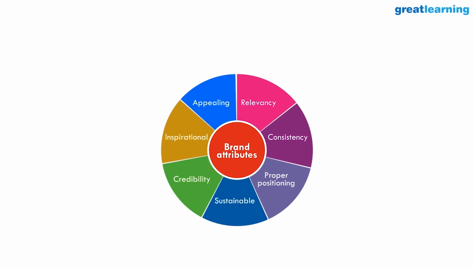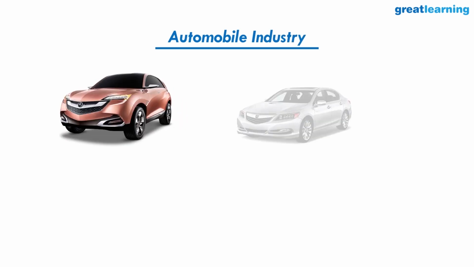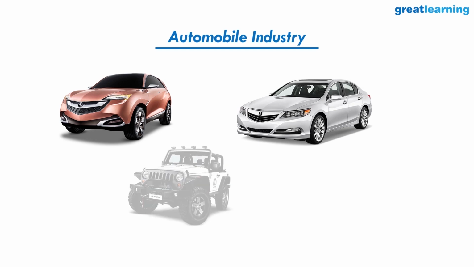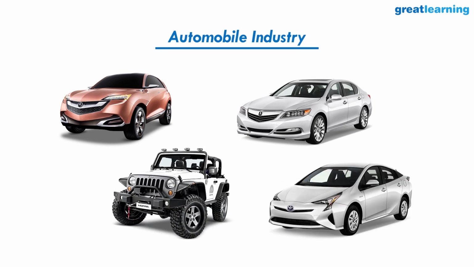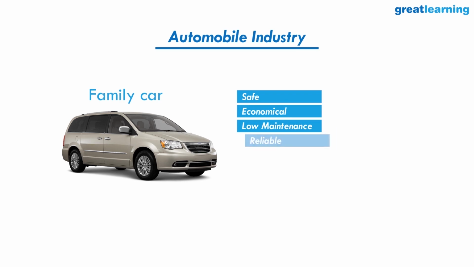Let's take an example of the automobile industry, in which there are several cars, starting from luxurious cars to a regular family car kind of car too. Let's say, for example, a family car typically constitutes safe, economical, low maintenance, and reliable. These are the characteristics with which we want to describe a family car.